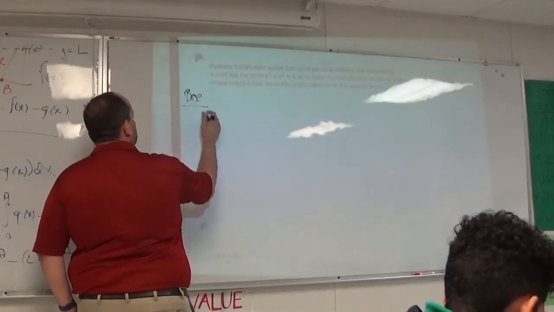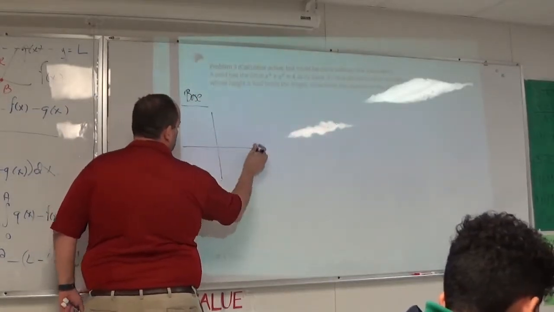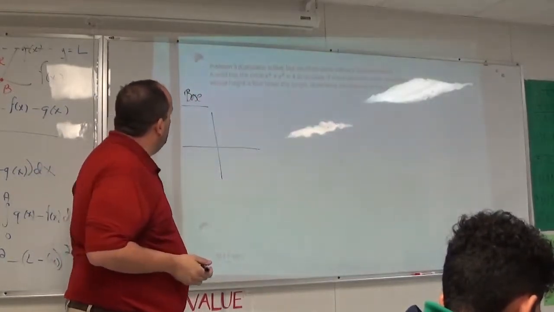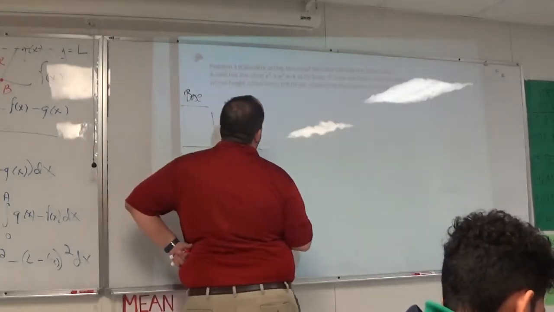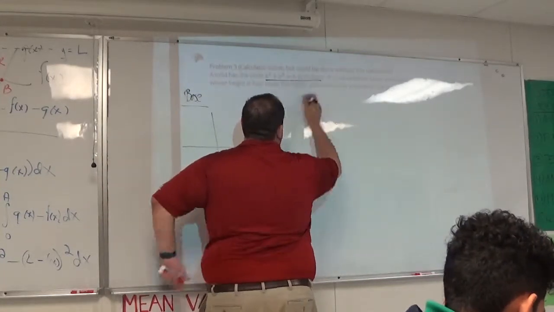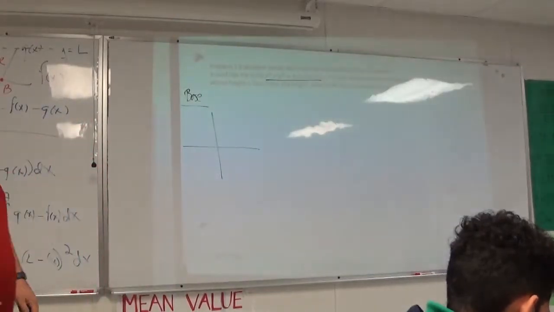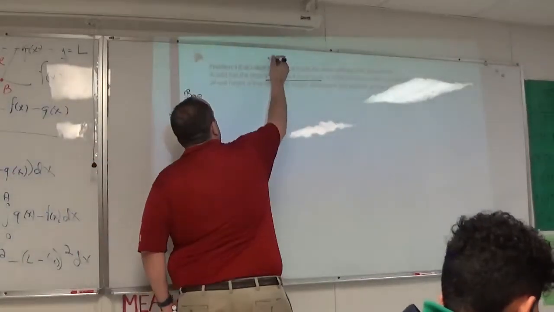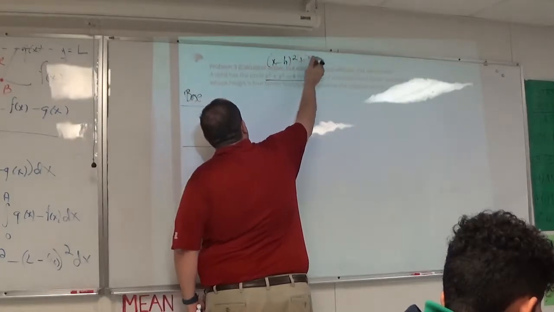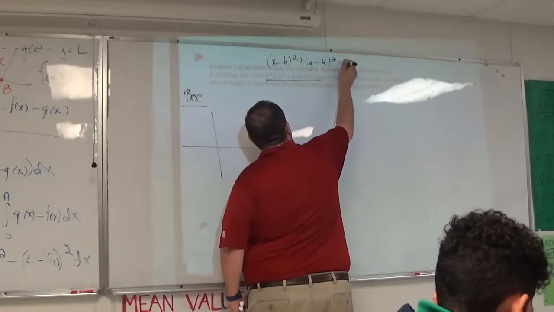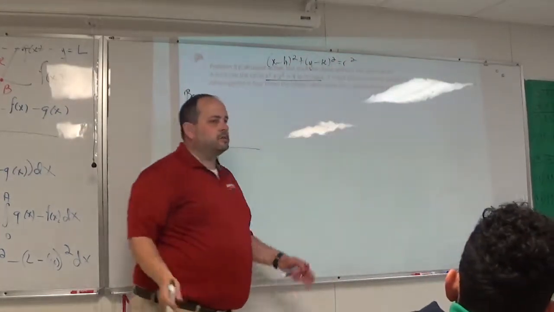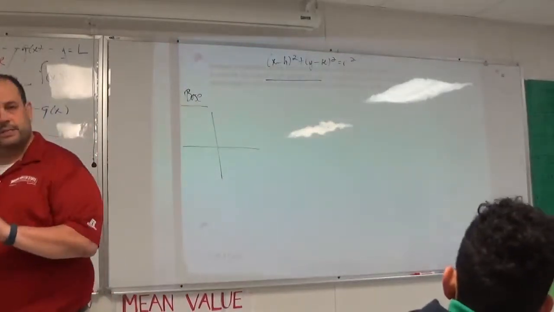All right. A solid has the circle x squared plus y squared equals 4 as its base. And I know we talked about this last week. All circles have that standard form, x minus h squared plus y minus k squared equals r squared. You do not have to have that memorized.